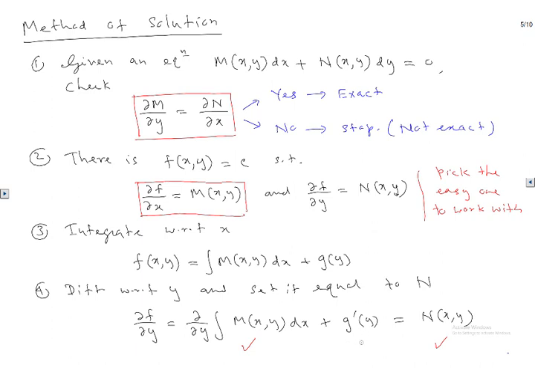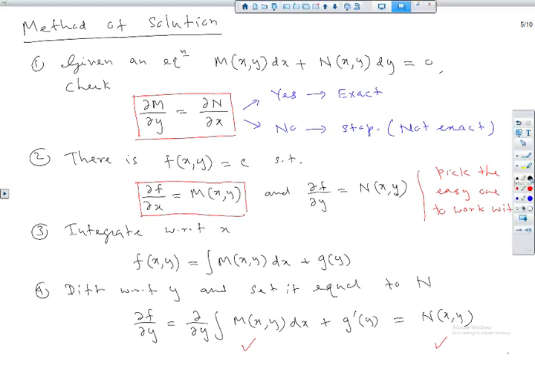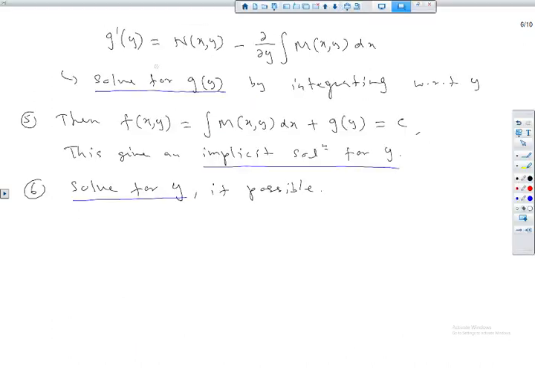Once you do that, you can see that the only unknown is g prime of y, the derivative of g. And then we're going to integrate. If we say g'(y) equals N(x,y) minus the partial derivative with respect to y, we solve this for g(y) by integrating with respect to y.